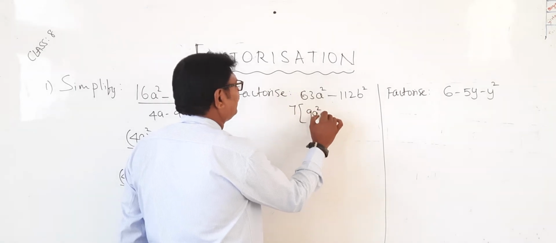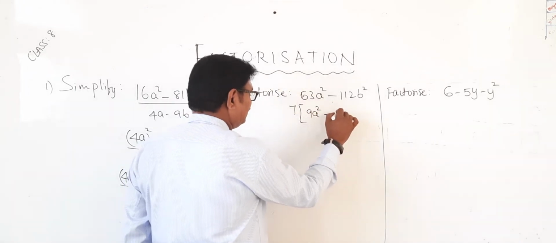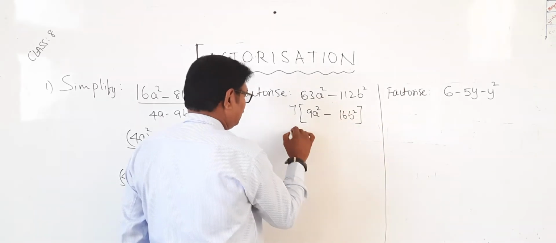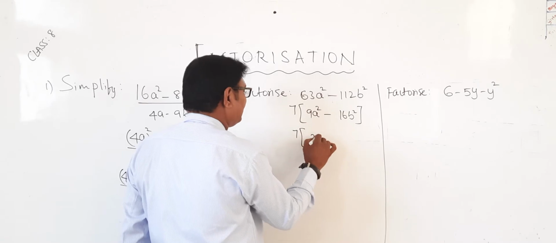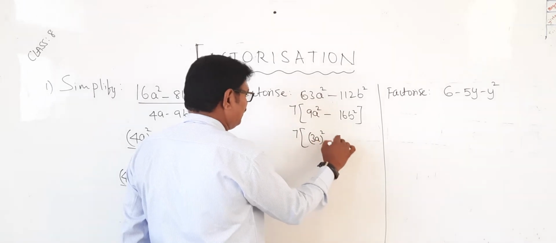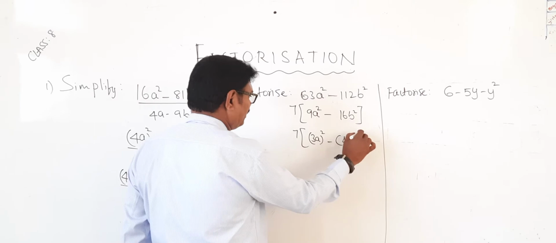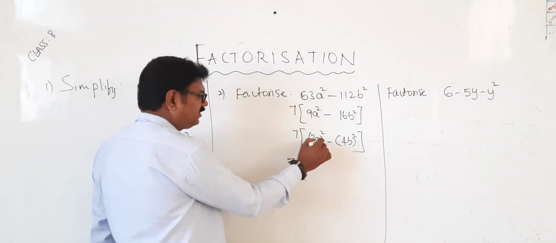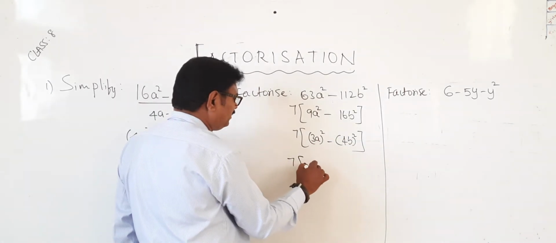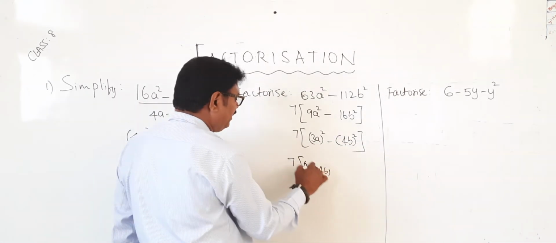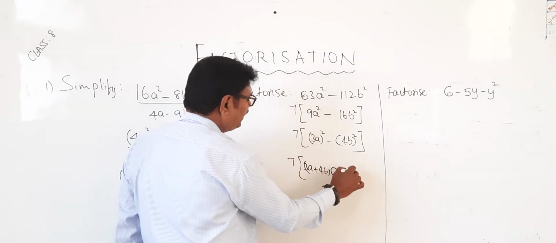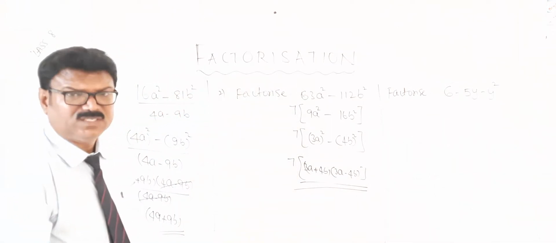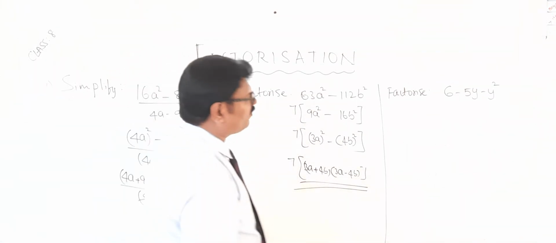What will become? 7 into 9a square minus 16b square. Again, you can write this as 3a whole square minus 4b whole square. So a square minus b square means 3a plus 4b into 3a minus 4b. That's it. So this is the factorization. Do you understand?